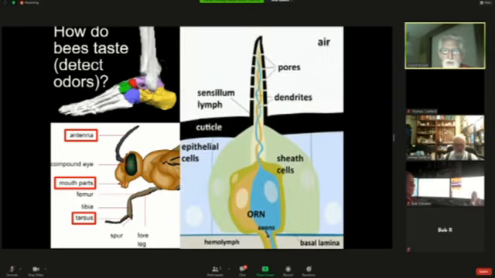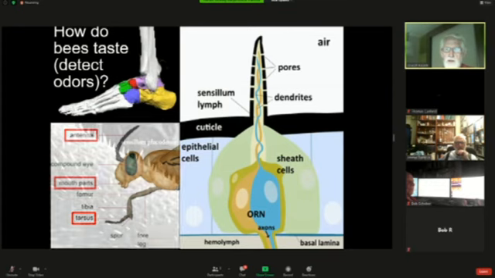And on the tarsus of the bee are these very special cells which give them a sense of smell. So these cells, sheath cells, are used to be able to pick up molecules in the air that are providing that sense of smell, of odors.